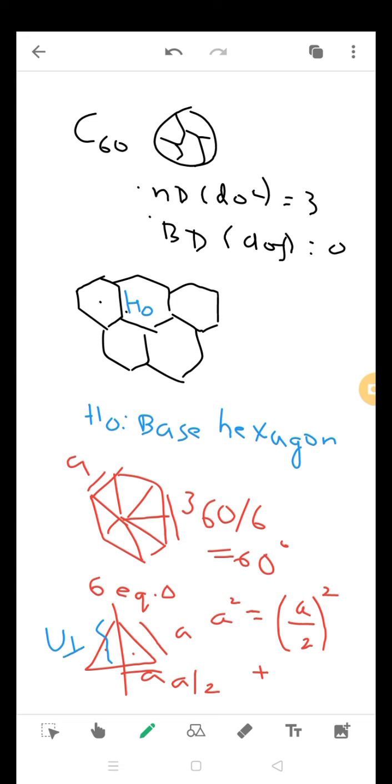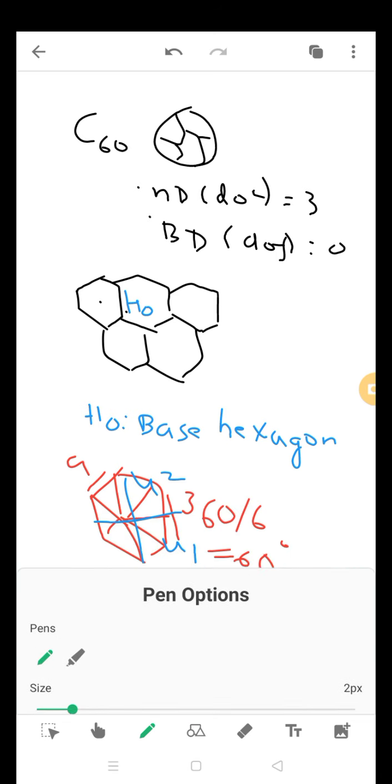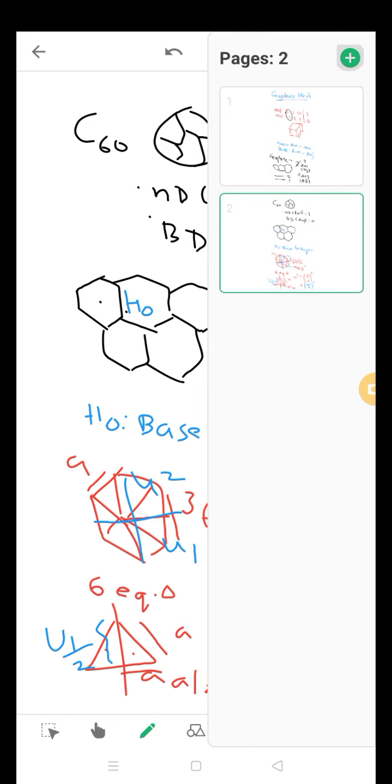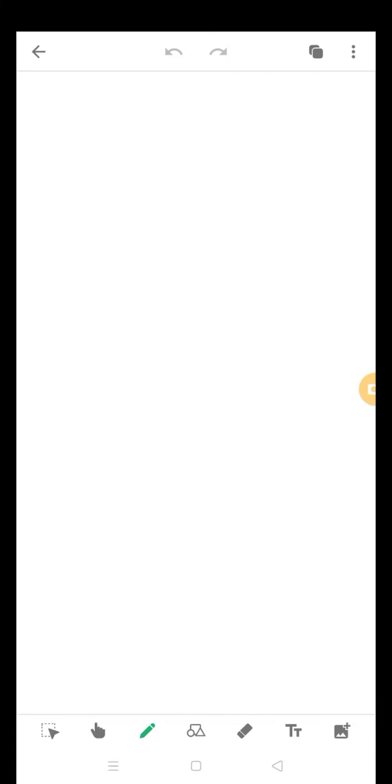We take this one as U1 by 2, because we take this one as U1 and this one as U2. So it will be plus U1 by 2 whole square, and then the U1 actually comes out to be equal to root 3a if you do the mathematics.